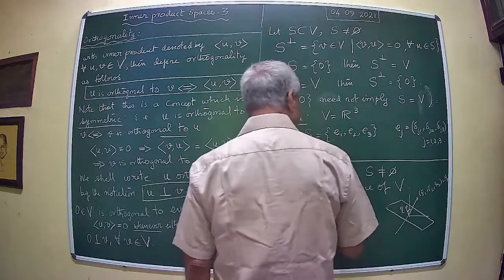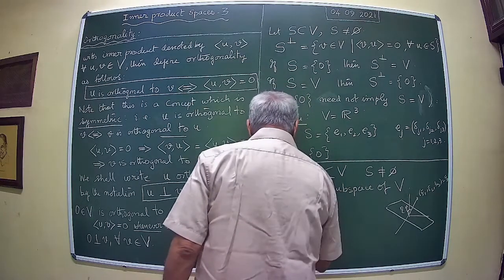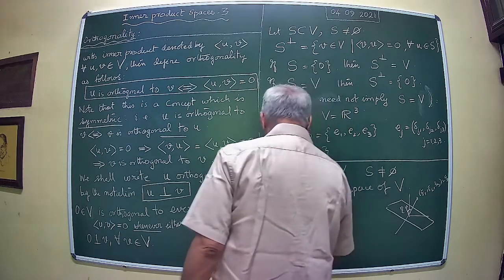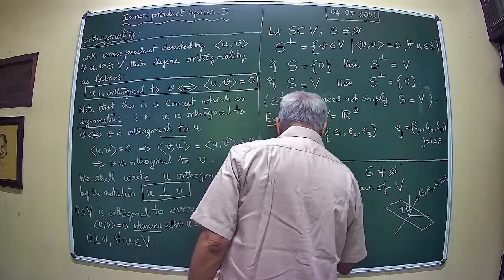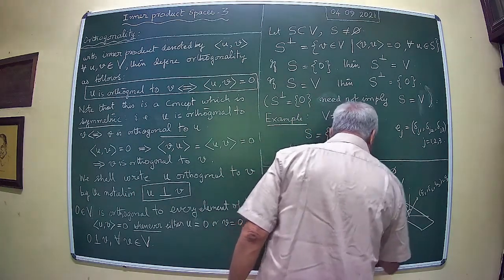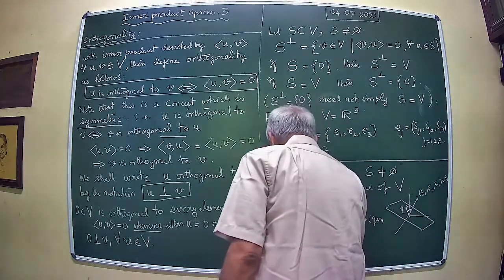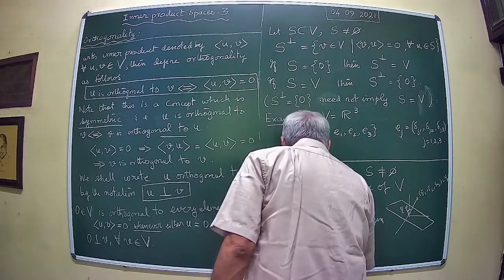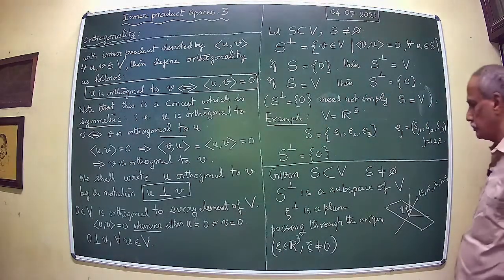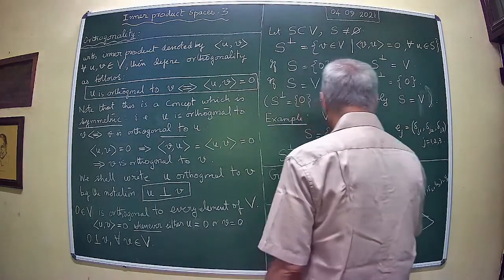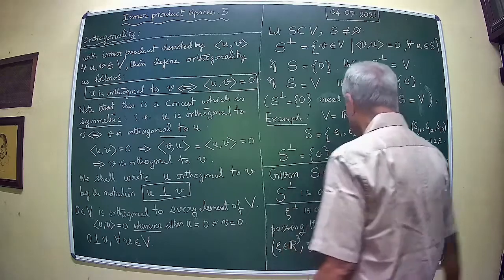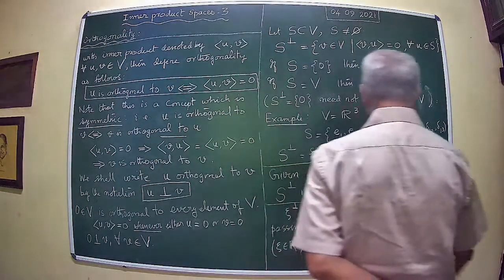So S perp, in this case, for psi not equal to 0, where we are taking S to be equal to the singleton vector psi, is then a plane passing through the origin.